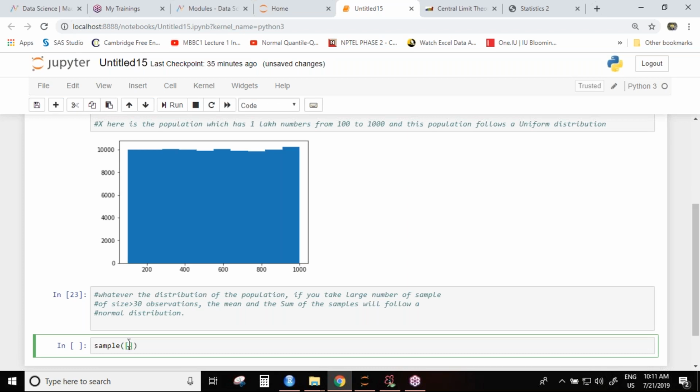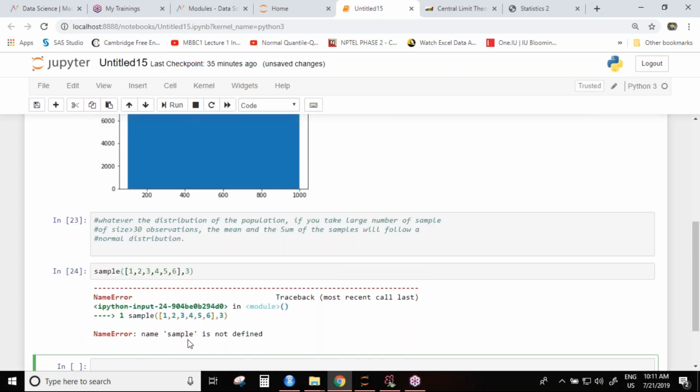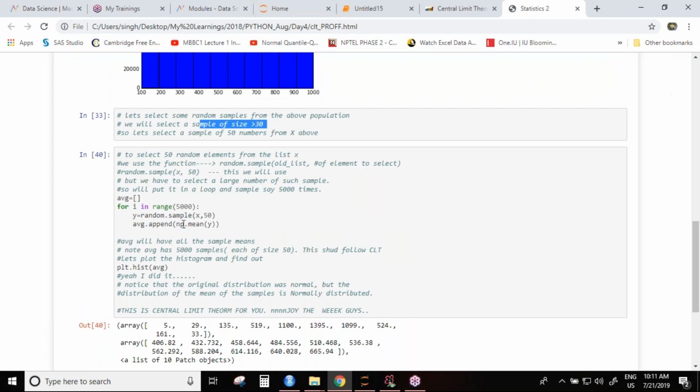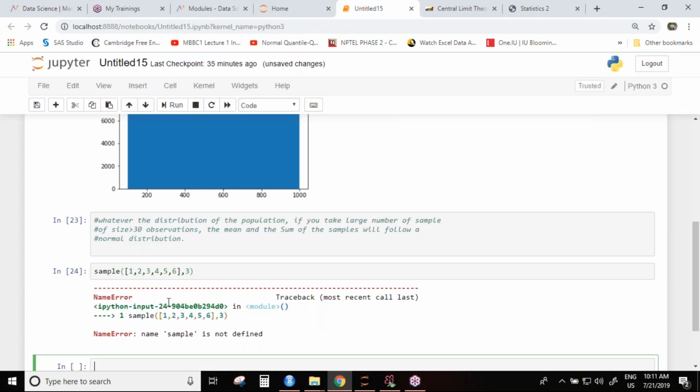Let's say my variable is 1 2 3 4 5 6 and I want to select 3 samples from here. The sample function comes from random, so I will write random.sample.